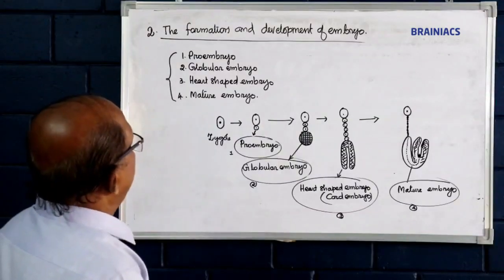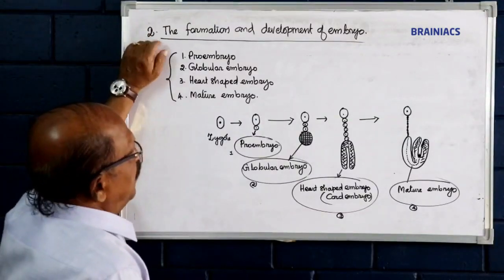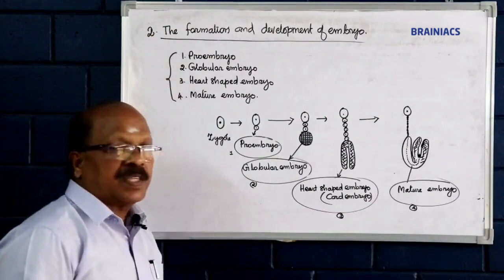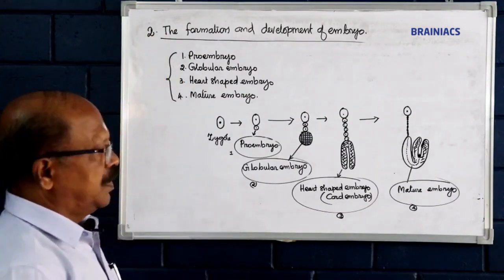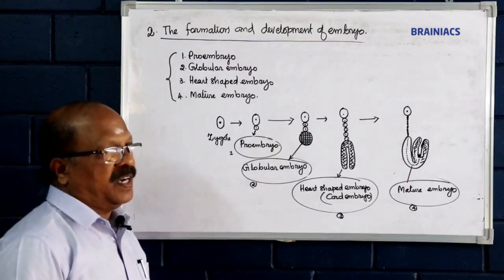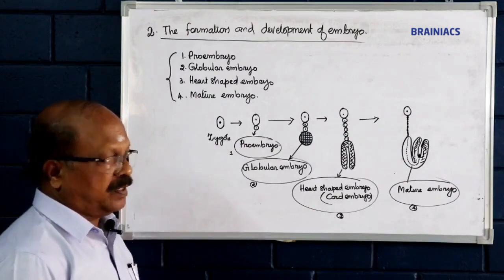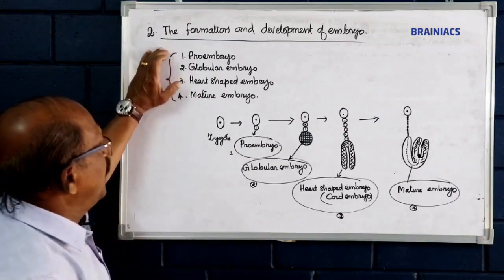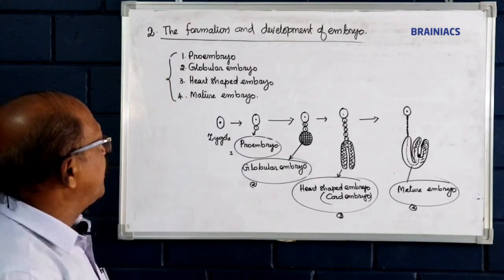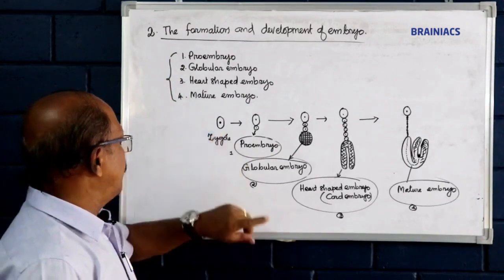So listen once again, the formation and development of embryo. Embryo is developed from the zygote. For the formation and development of embryo, there are four steps: proembryo, globular embryo, heart-shaped embryo, mature embryo.